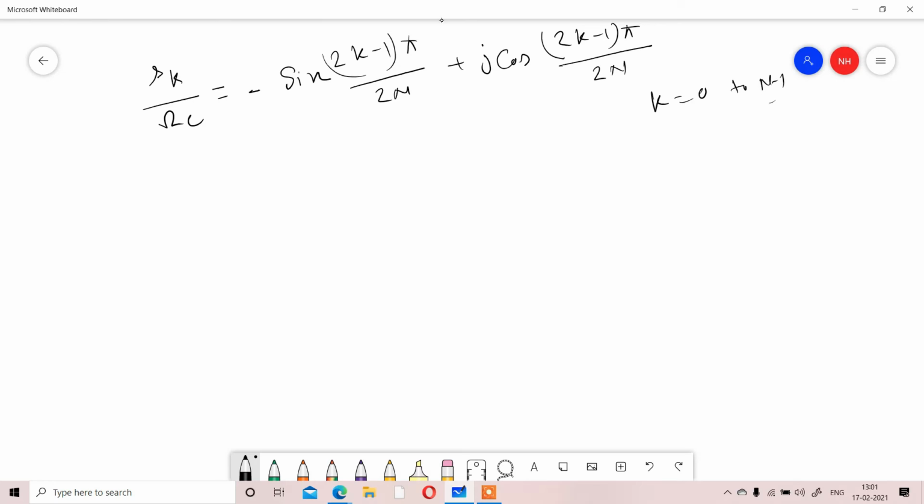Sk was that simply multiplied by omega c. That term I have written like that. So that is your main equation. Keep it in mind.